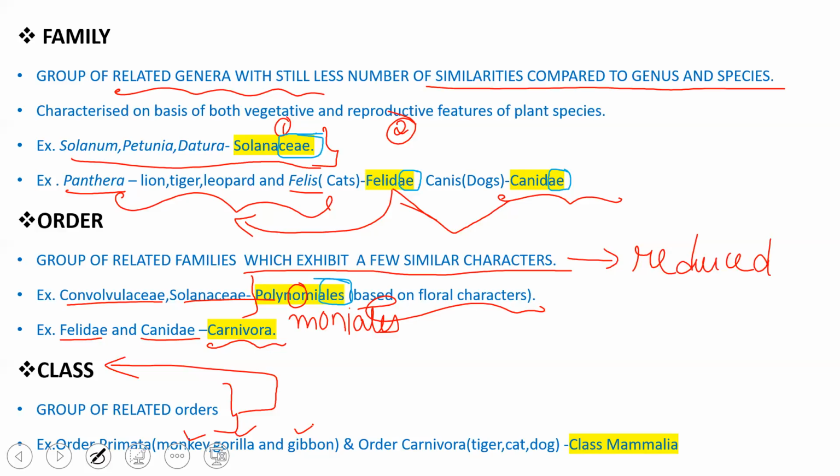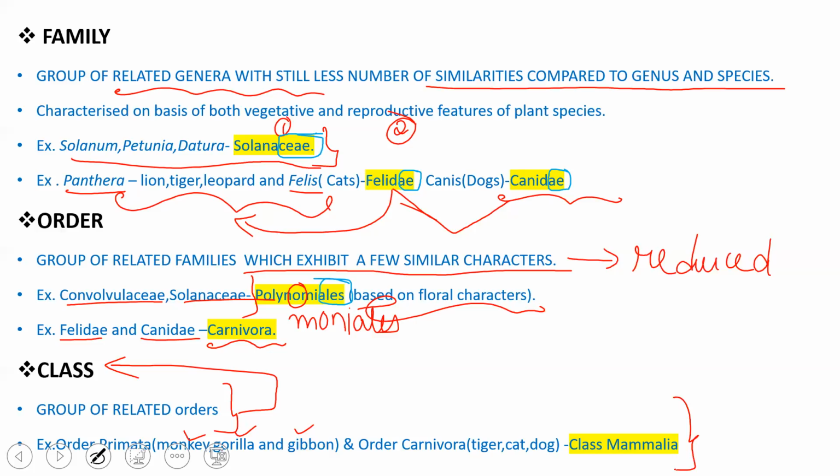All the organisms, including humans, belong to one single class called Mammalia. The class Mammalia is named because of the presence of mammary glands, isn't it? That is the major basis for the classification. So all these organisms which possess mammary glands belong to the group called Mammalia.